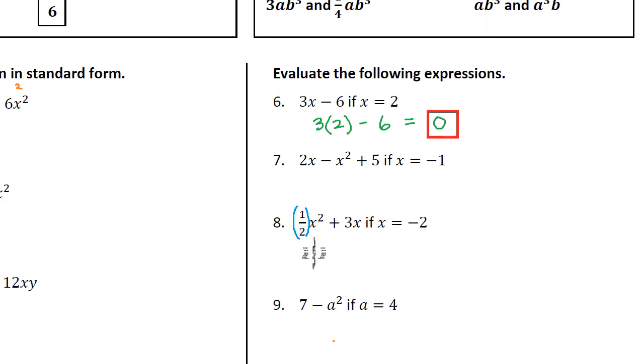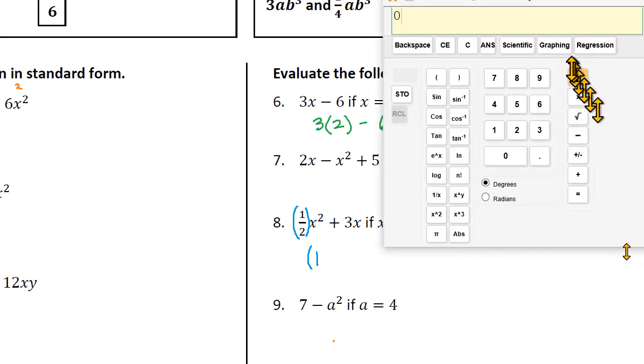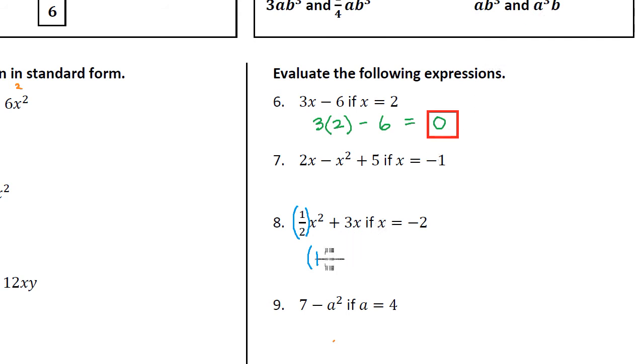It will know that this is a specific value. So when you put this in your calculator, here's how you would do it. You'd put in parentheses 1, and then if you look at your calculator, you've got a divided by sign right here. So I'm going to go ahead and put 1 divided by 2. There's my fraction. Now I'm going to plug in my variable, -2.